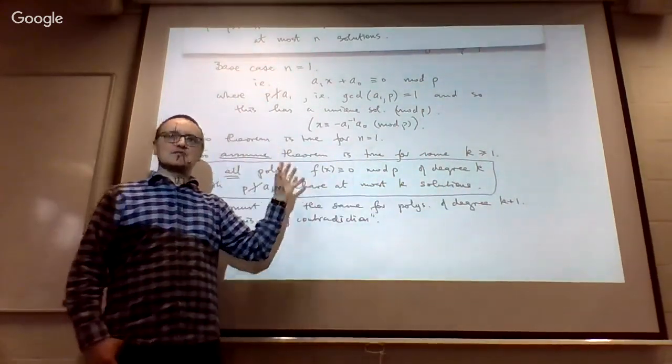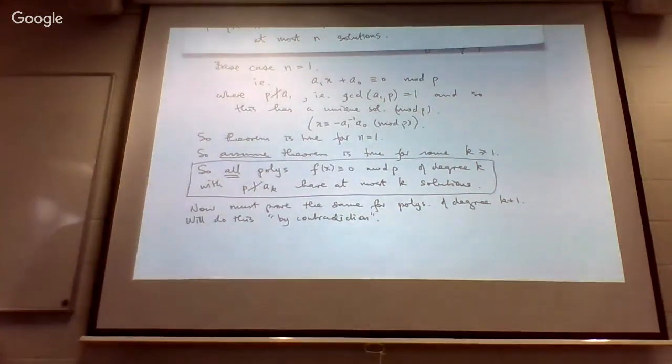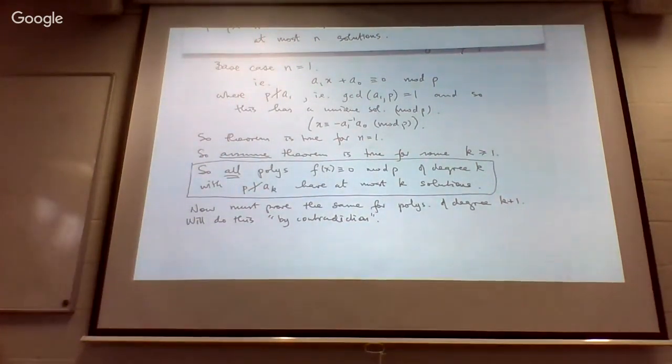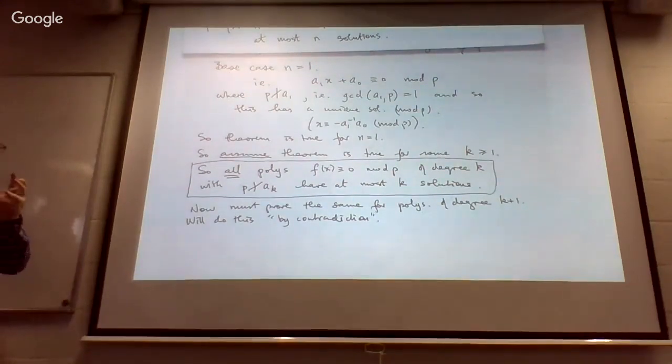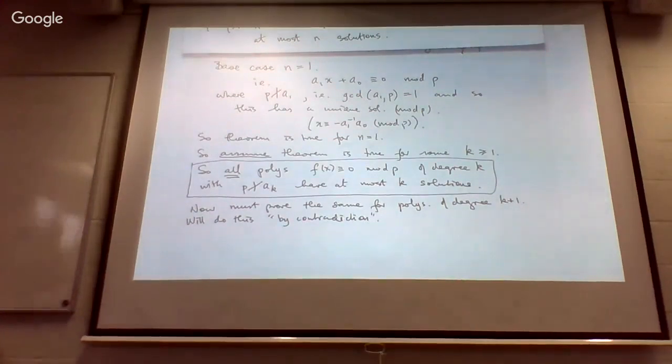The statement says there are at most this number of solutions. So if it's false, there must be some bad polynomial around, at least one, which has too many solutions. Naughty polynomial. Okay. So that's what I'm assuming when I assume the result I'm trying to prove is false. Assuming there's a bad polynomial.